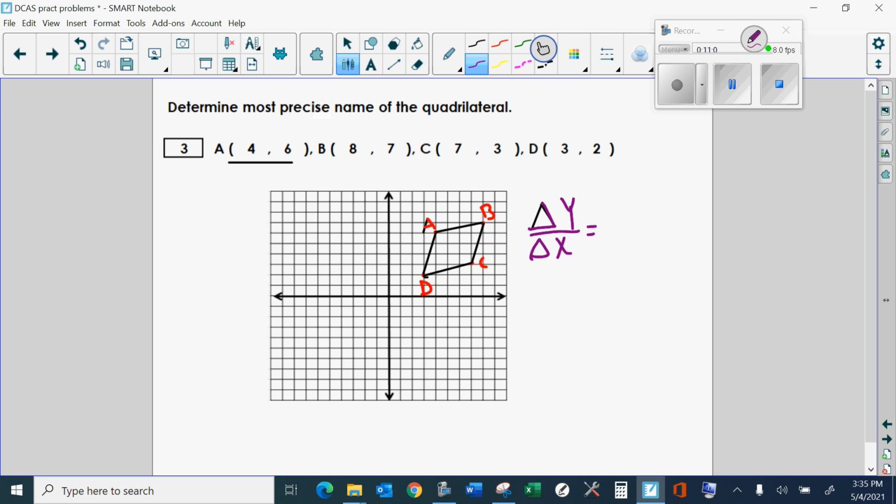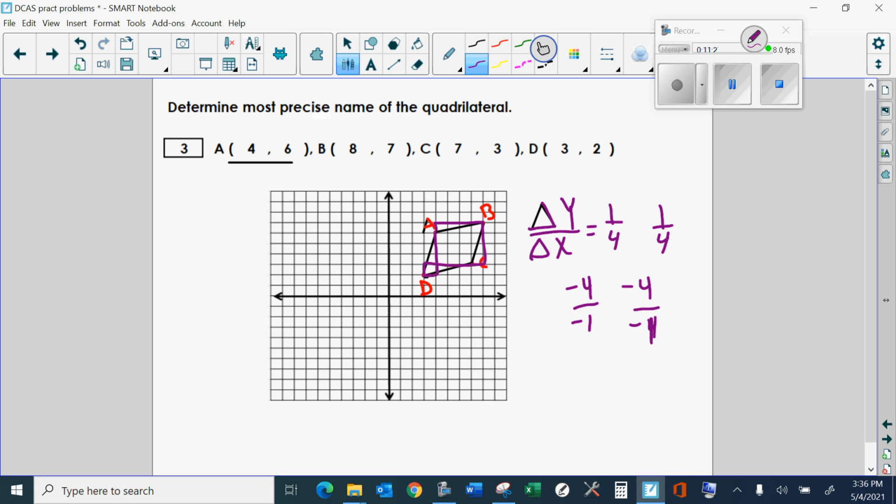From A to B, I went up 1, right 4. So that slope is 1/4. Here, up 1, right 4, 1/4. So those are parallel. Here I'm going down 4, left 1. And here I'm going down 4, left 1. So those are parallel.